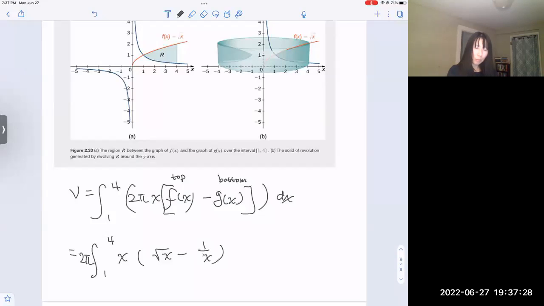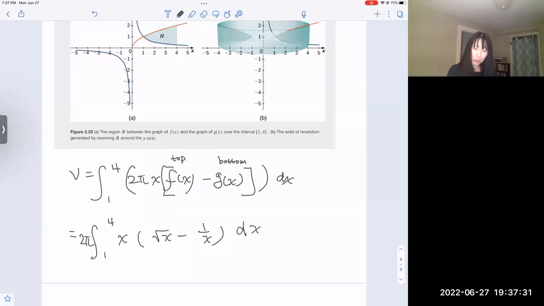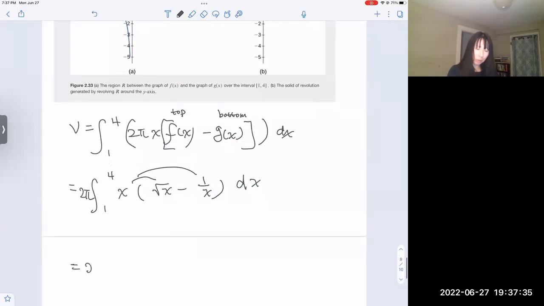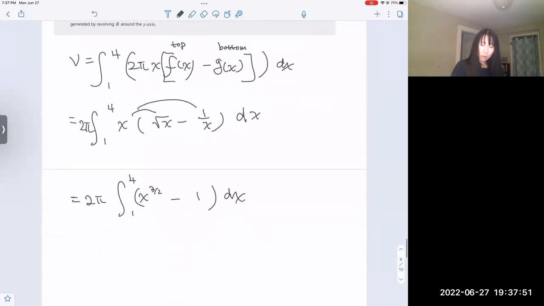Now we distribute. So what do we have? We have a 2 pi, and x times the 1/2 we experienced earlier gives 3 over 2, minus 1, which is easier. Your turn. Integrate, what do you get?